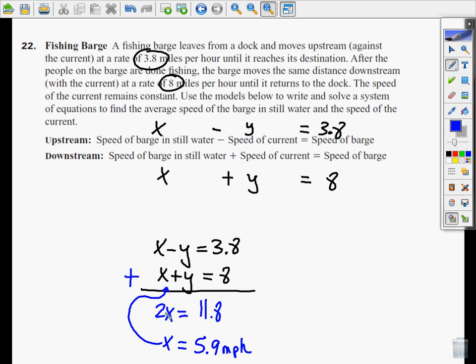This time I'm going to put it into the bottom equation because I notice there's a positive x here, so I'm not going to have to divide by negative 1 when I'm done. It doesn't matter though, you could still put it in the top equation. I get 5.9 plus y equals 8. I'm going to subtract 5.9 from both sides, and I end up with y equals 2.1 miles per hour. So the speed of the barge in still water is 5.9 miles per hour, and the speed of the current is 2.1 miles per hour.